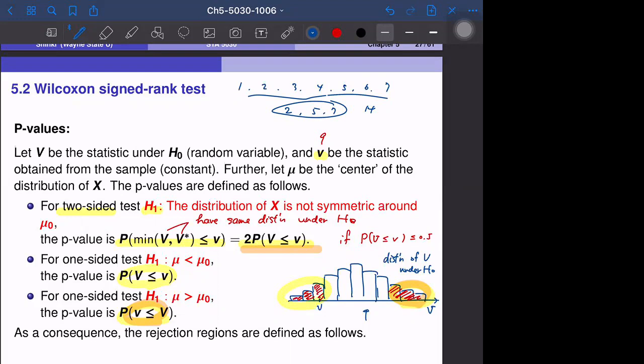Then we simulate the V. We continue this maybe 10,000 times, and we can simulate the distribution of V. In this way, we can calculate the p-value. Often in statistical tests with a complicated test scheme, we rely on simulation to calculate the distribution of the test statistic.